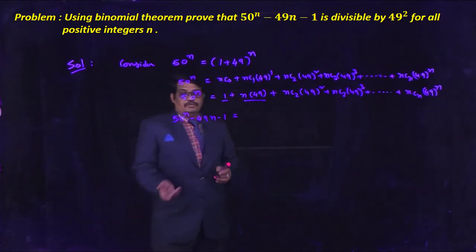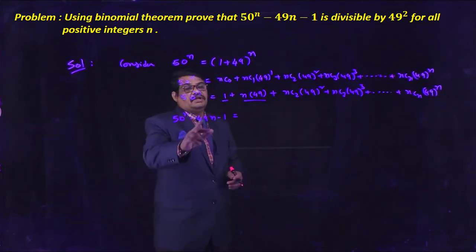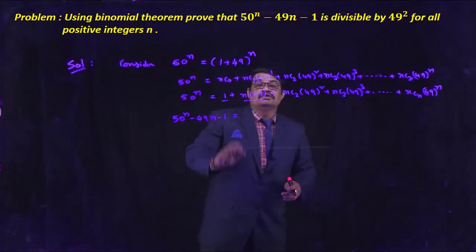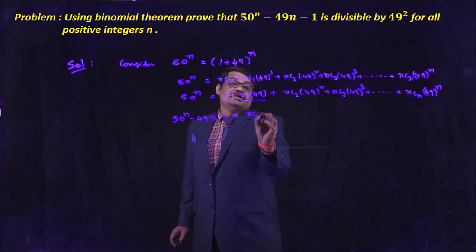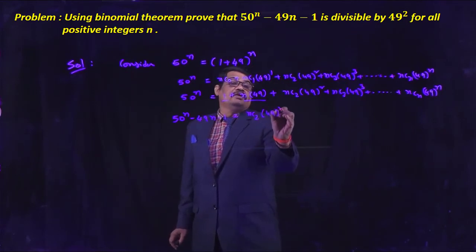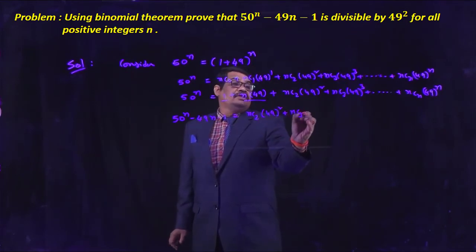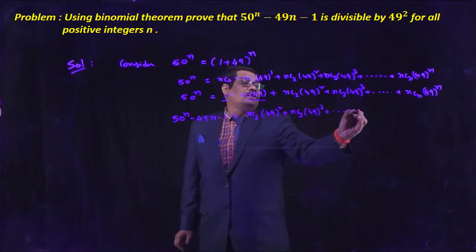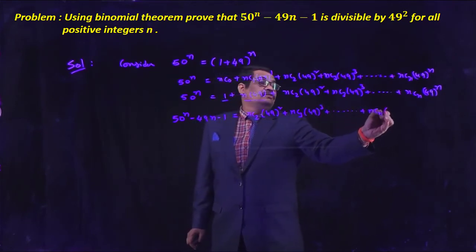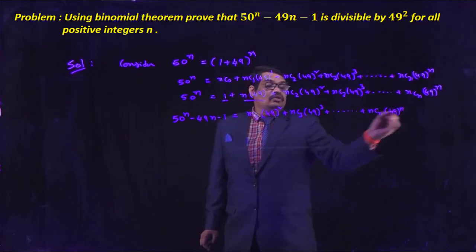So 50 to the power of n minus 49n minus 1. Now we write the remaining terms as they are: nC2 49 square, nC3 49 cube and so on, nCn 49 to the power of n.